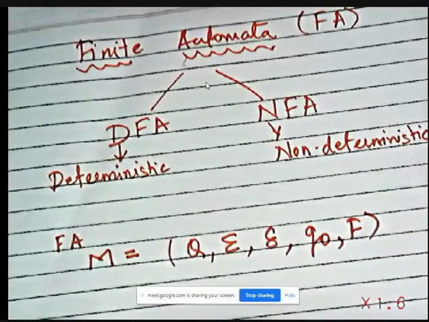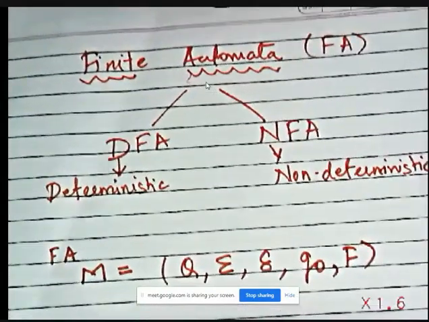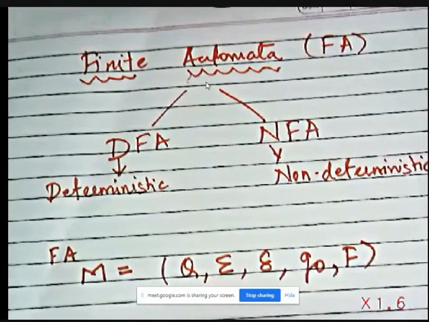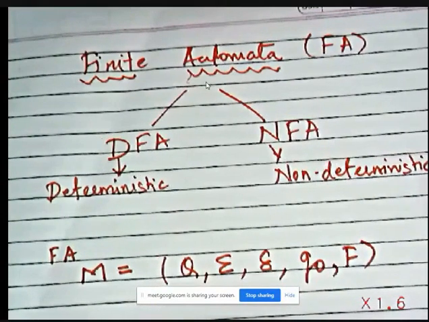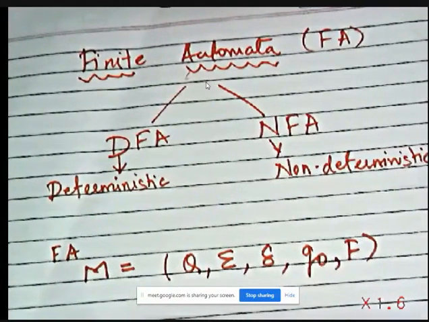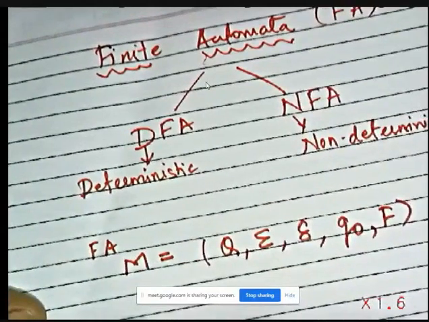Why? Because finite automata is a special kind of finite state machine which is used for recognizing the language, or as a language acceptor. So whether a particular string belongs to a particular language or not, to check it, we are using this finite automata.